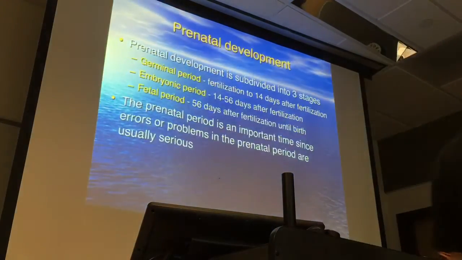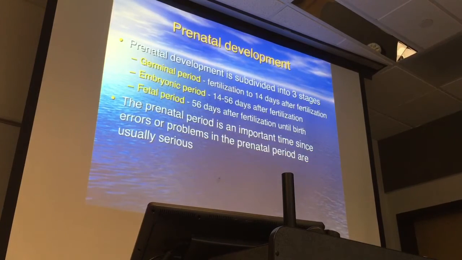Okay, here we go. Let's start by looking at the stages or the parts of prenatal development. These are described in the book. They're very self-explanatory. Prenatal development is divided into 3 stages. It begins at fertilization. We call it a zygote. After that is called a morula or a blastocyst. Okay? And it goes from fertilization to 14 days after formation.